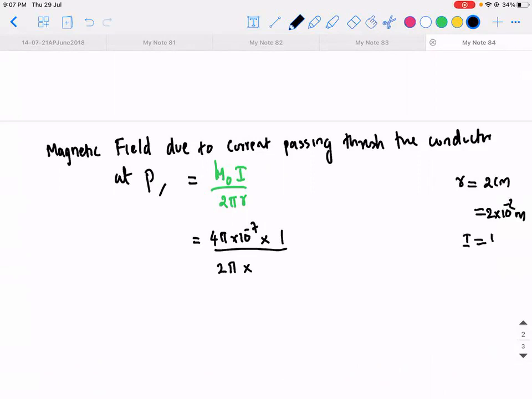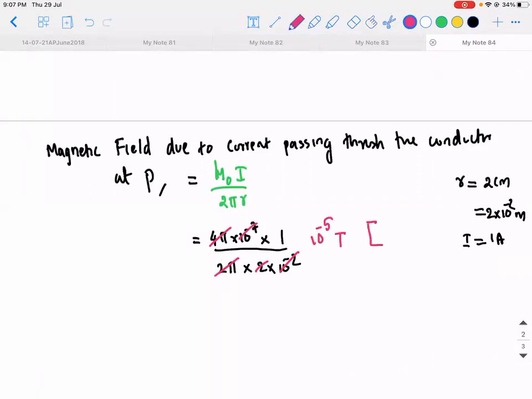Cancelling, the 4 pi cancels, and it eventually becomes 10 to the power of minus 5 Tesla.